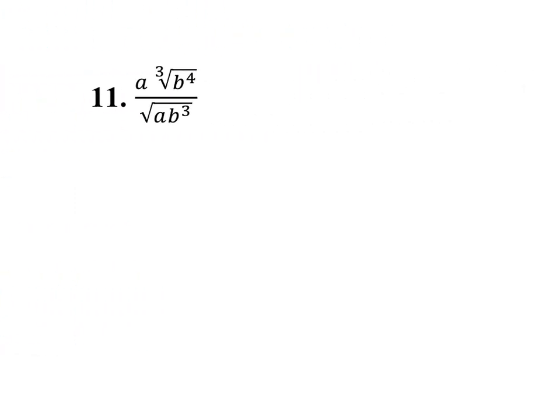All right, first thing I want to do is simplify. So what can we bring out? Well, in the numerator, what's 4 divided by 3? We know 1 b can come out, and 1 b is left over on the inside.